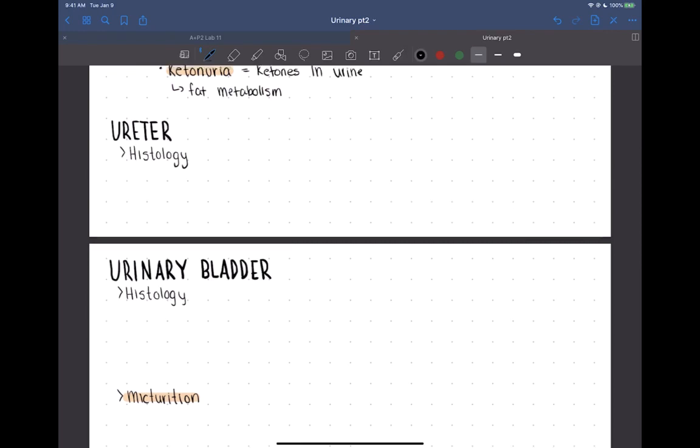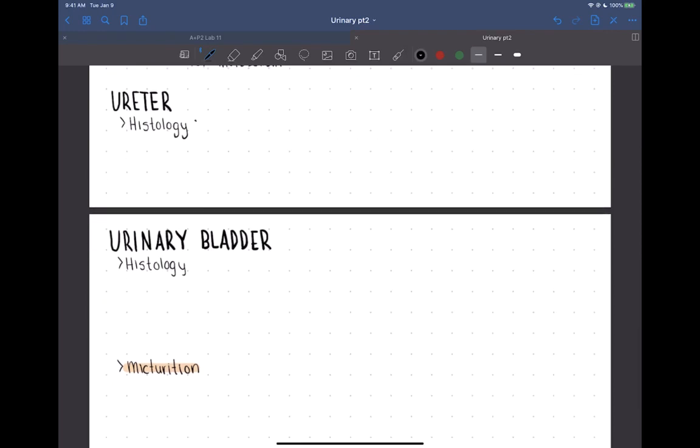So in the histology, the mucosa contains transitional epithelium. When you looked at transitional epithelium in A&P 1, you probably looked at a slide of the ureter. That's the typical slide made for that tissue.